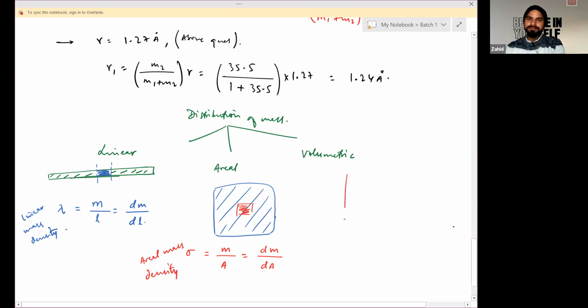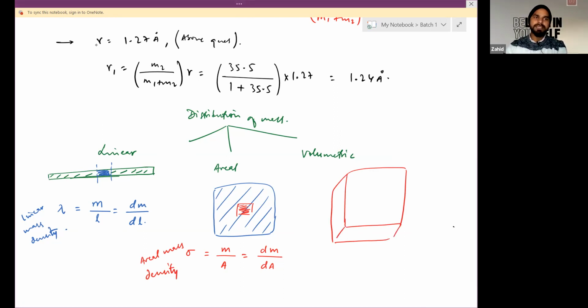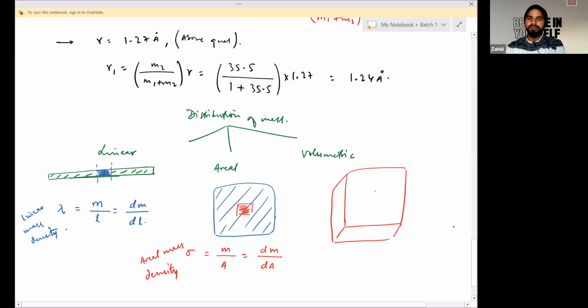Now suppose there is a cube having mass m and volume V. If you cut out a portion of it, then rho equals total mass divided by total volume, equals small mass divided by small volume.